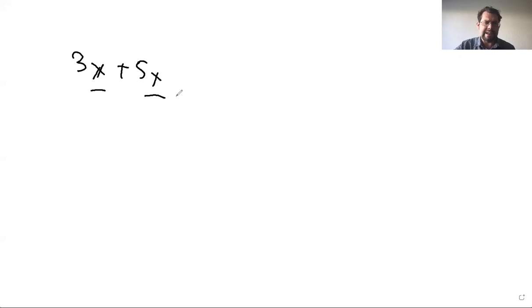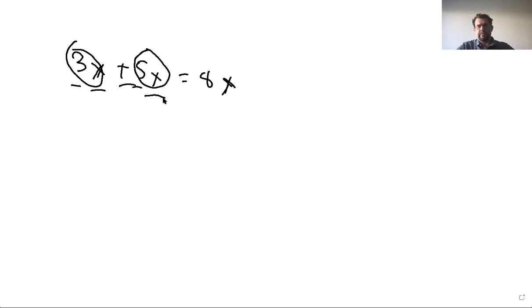Like terms can be added together, and we'll take the 3 and the 5, add them together. That gives us an 8, and the x is carried along. Here you have 3 x's. Here you have 5 x's. When you add it together, you have a total of 8 x's.